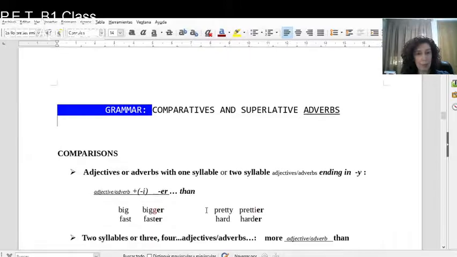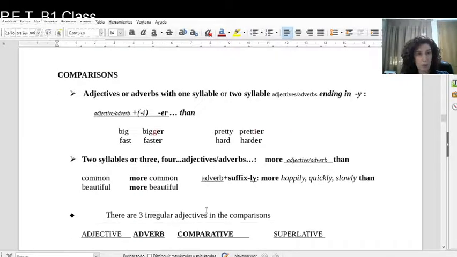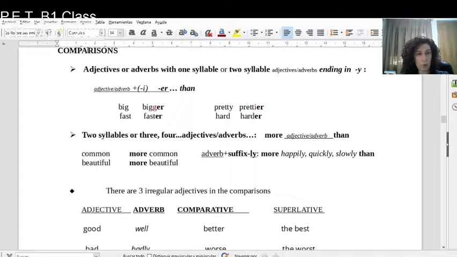Well, if you remember, we learned comparison but regarding adjectives. The comparisons were structured depending on the syllables. And the theory, more or less, could be the same for the adverbs. For example, adjectives or adverbs with one syllable, or two syllables ending in y, very important.